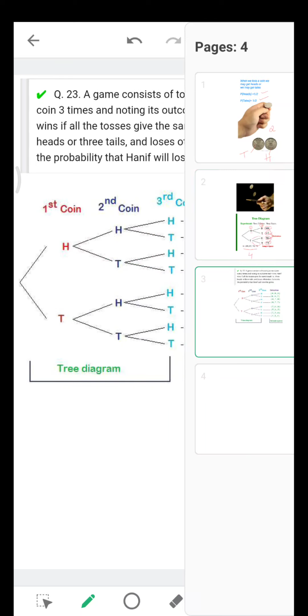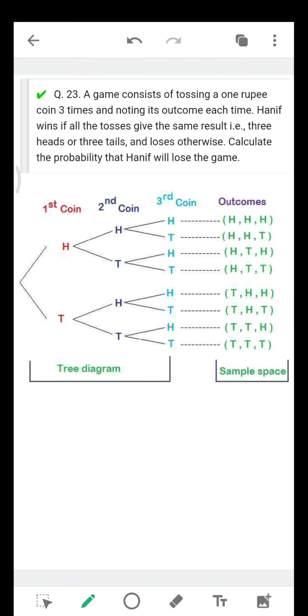Let's see that question now. There is a question in the reader in which a game consists of tossing a 1 rupee coin 3 times. Tossing a 1 rupee coin 3 times is the same as tossing 3 coins simultaneously and noting the outcomes each time.